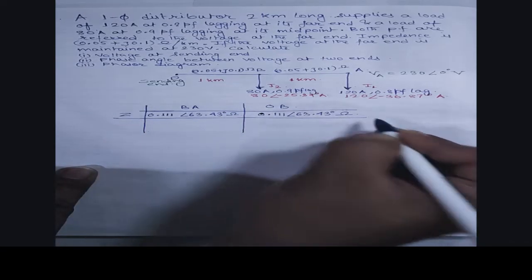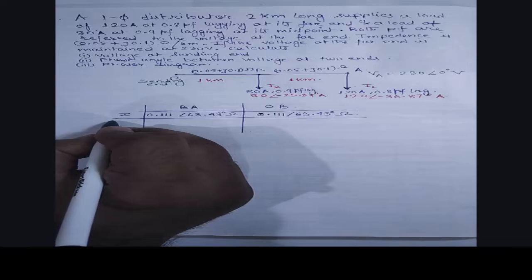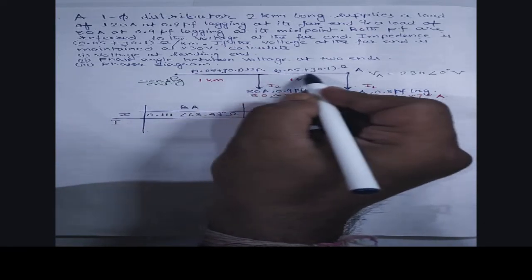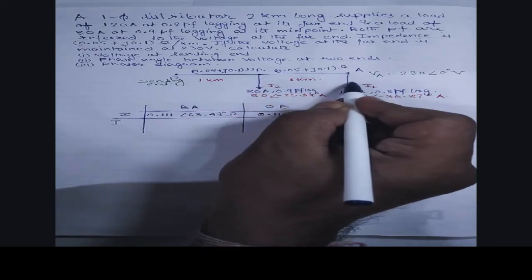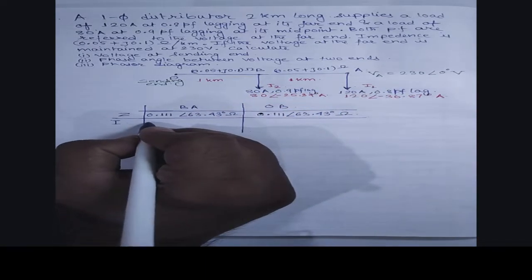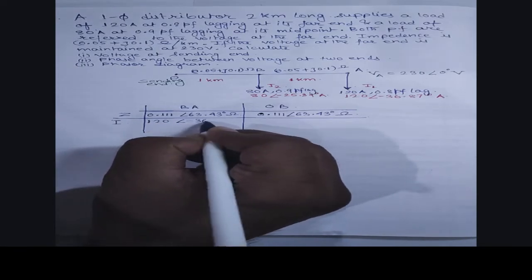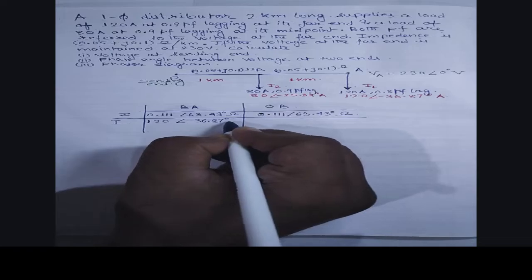Now next we will find out the currents in these branches. In BA, the current is I1, which is 120 at an angle of minus 36.87 degree ampere.